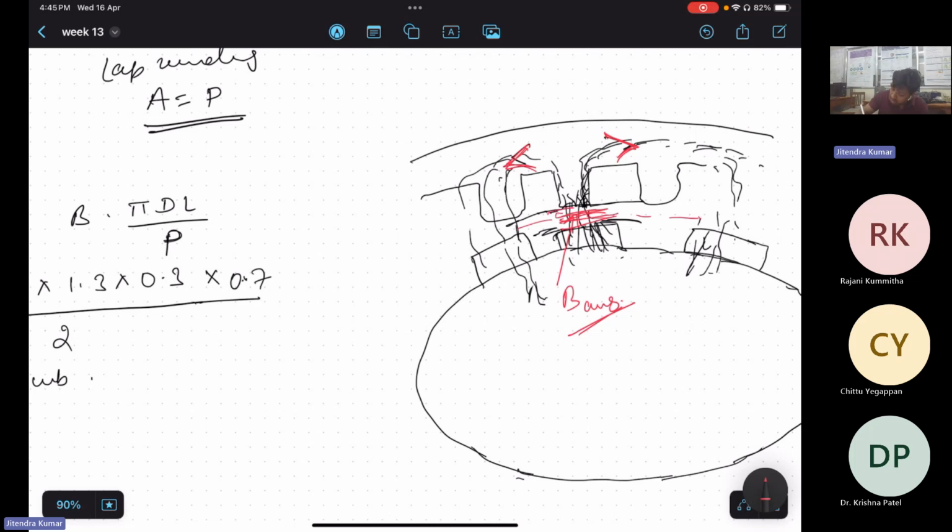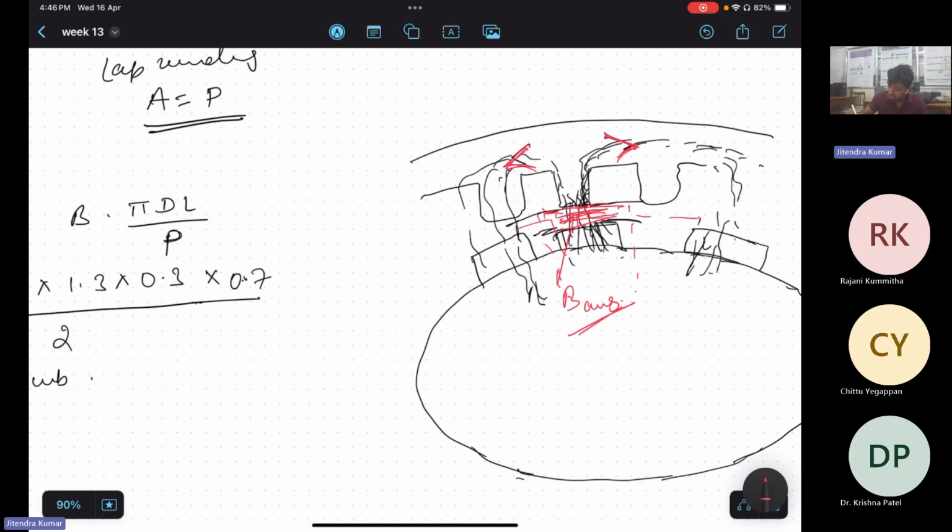So either you consider one pole and the area corresponding to it, or you consider the area of a pole pair and then calculate the flux linkage for that area. The flux density is going to be the same. The only thing that will change is the area according to the pole pair. If you consider a pole pair, then your area will be doubled because your length will be doubled, isn't it? You're getting my point?